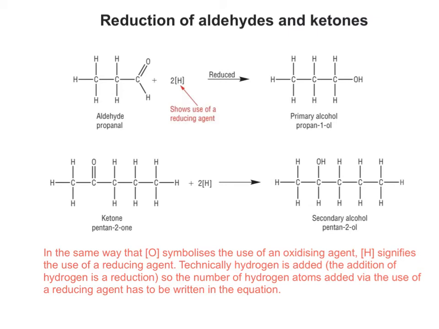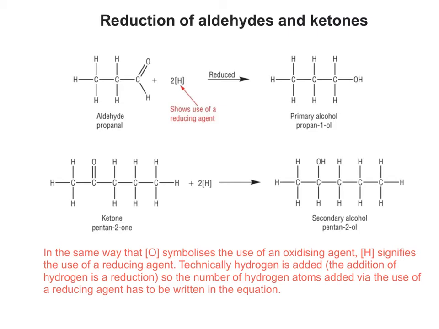What's quite interesting though is the use of [H] to represent a reducing agent. In the same way that [O] in square brackets represents the use of an oxidizing agent, [H] in square brackets signifies the use of a reducing agent.